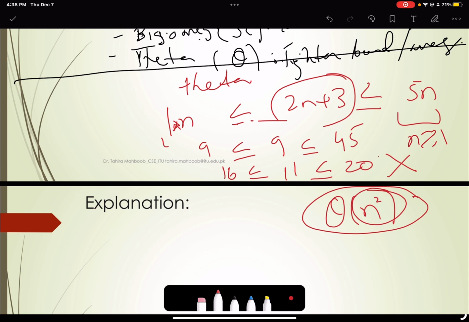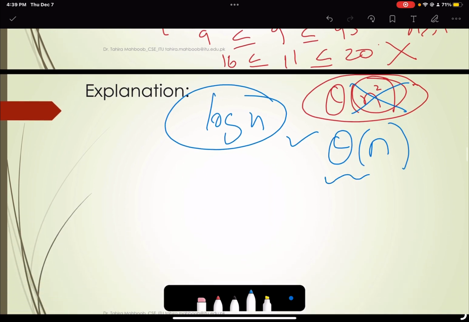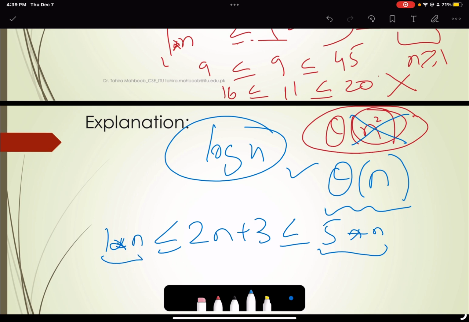So we fail at theta n squared, while in case of theta n, it holds true. Similar is the case if we check with log of n, it will also fail. So the tightest bound that we have here is theta of n for this function 2n plus 3. So for this theta that we have determined, n is the average case.